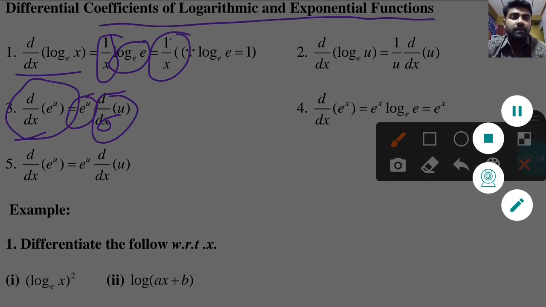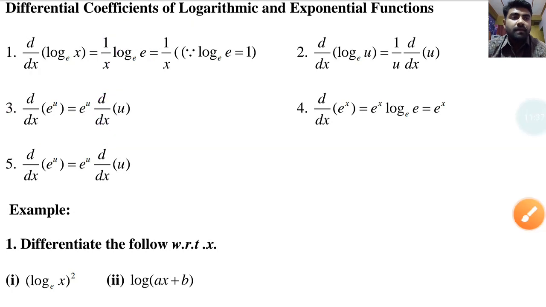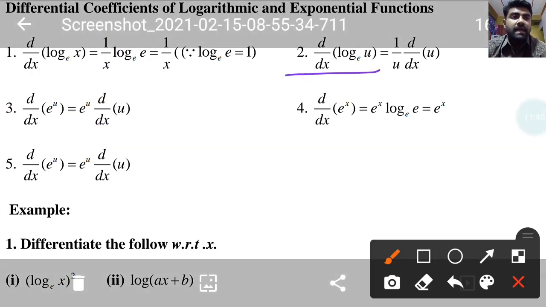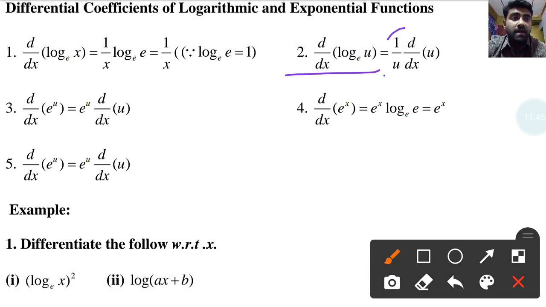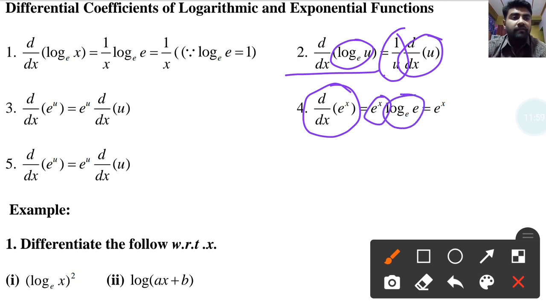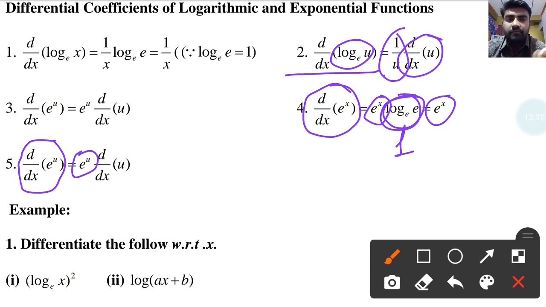Now here, the second equation, d by dx of log u base e, so 1 by u, that is the differentiation of log x, log u, and du by dx. Then the fourth one, d by dx of e raised to x log e base e, so that will be 1. The answer of log e base e is 1, so e raised to x remains. And fifth, d by dx of e raised to u as it is, and du by dx, right?